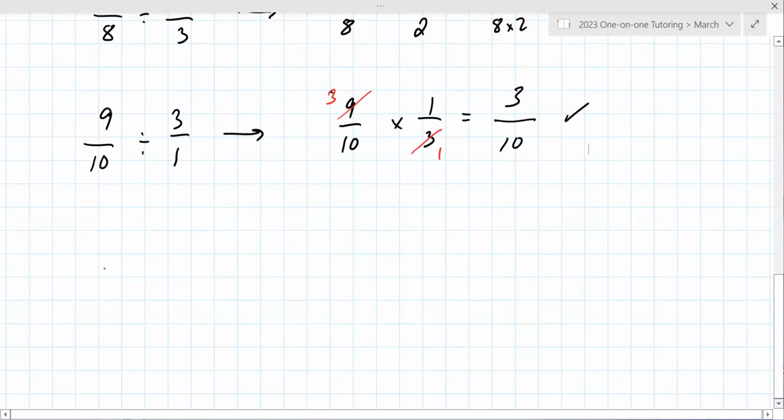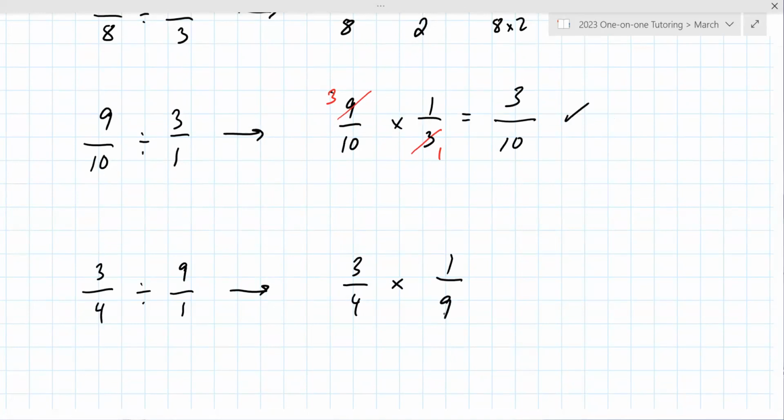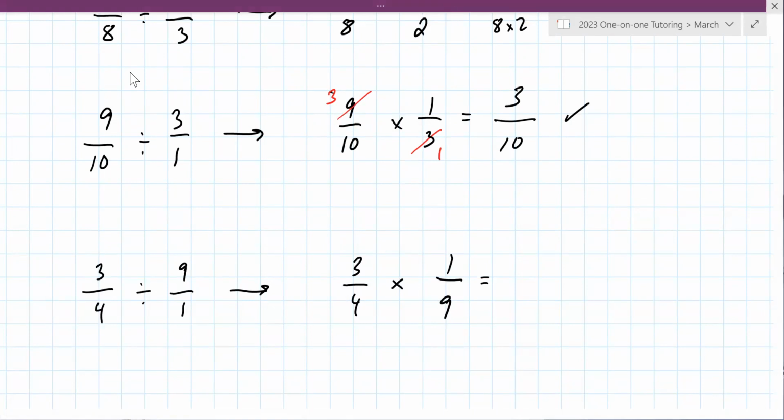And then it's 3/4 divided by 9/10, or 9/1. Like this. Yeah. Okay. So this becomes 3/4 times 1 over 9, like that. Okay. And then, yeah. So then there's the 3 and the 9.